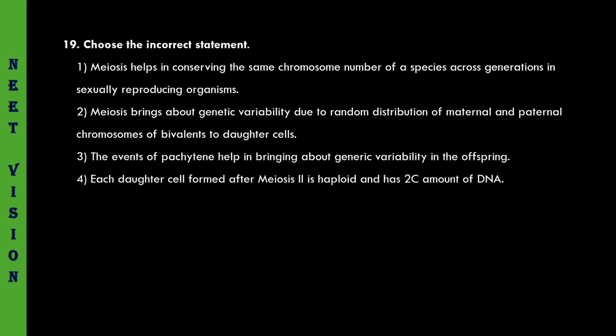Choose the incorrect statement. Meiosis helps in conserving the same chromosome number of a species across generations in sexually reproducing organisms. Thus, this is the correct statement. If there is no meiosis, in every generation the chromosome number would double.